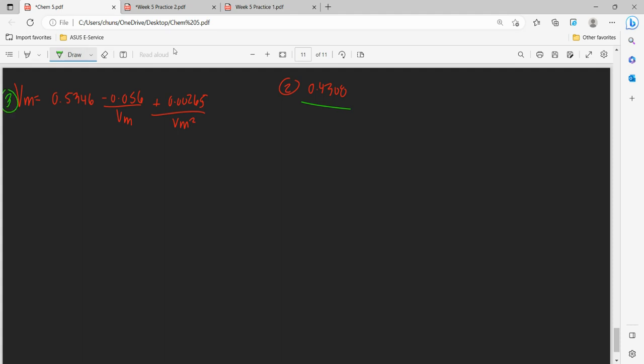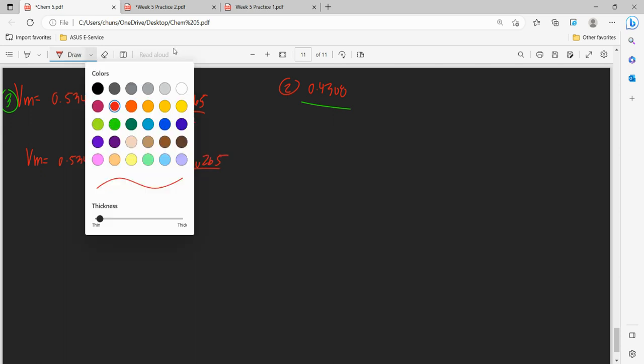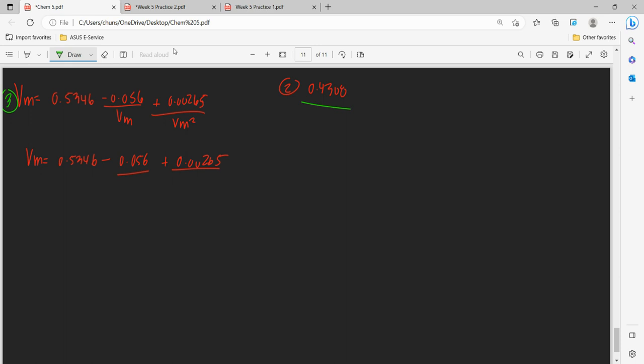So we want to find our next iteration, and we're going to put our new value, which we solved from our second step. So this is 0.4308 and 0.4308 squared.